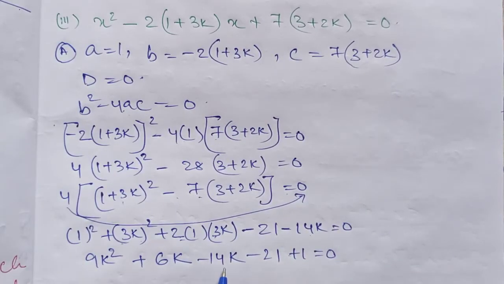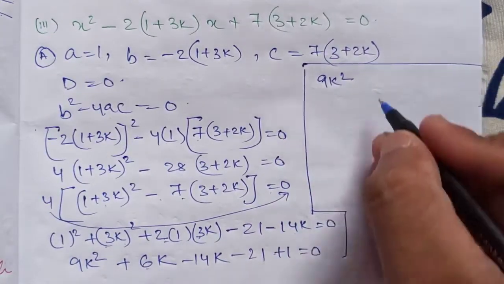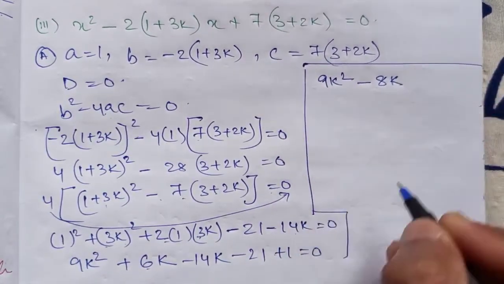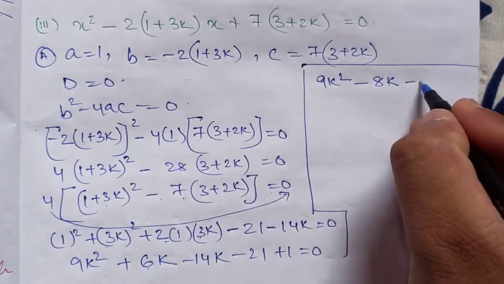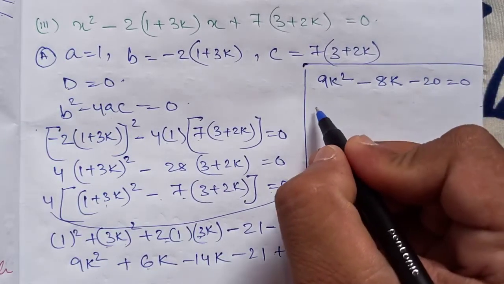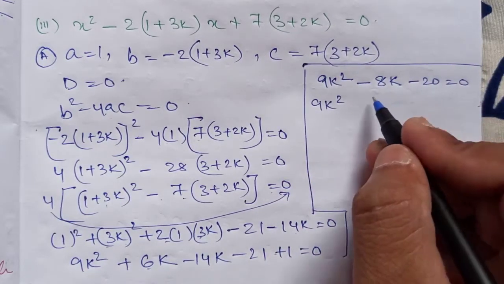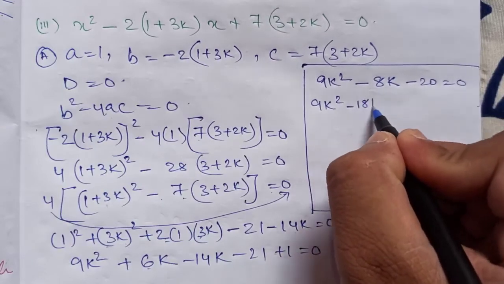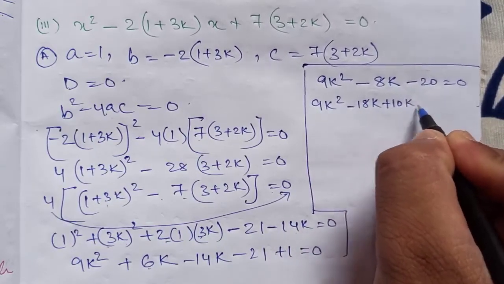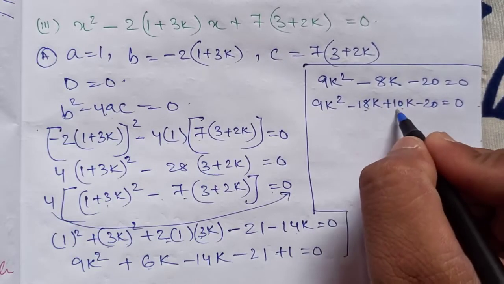Now arrange the terms and find the value of k. 9k square, 6k minus 14k is minus 8k, minus 21 plus 1 is minus 20 equals to 0. Now we have to split the middle term to find the value of k. So it will be 9k square, 9 into 20 is 180. So we can get here minus 18k plus 10k minus 20 equals to 0, because 18 minus 10 is 8 and 18 tens are 180.